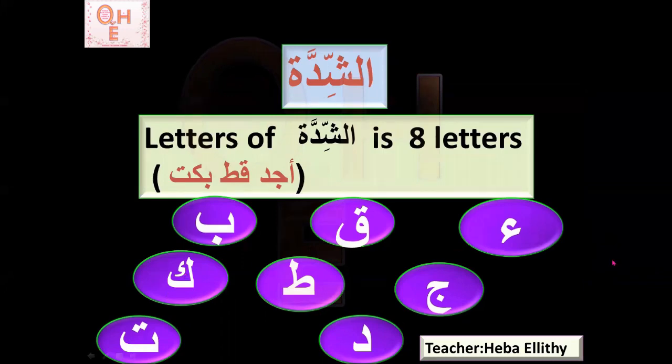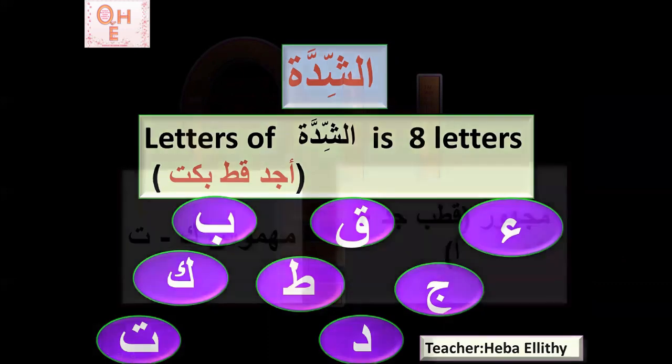Letters مجهورة, like we just said, have صفة الجهر, and letters مهموسة have صفة الهمس. The مجهور letters are قطب جد, حروف القلقلة, like I just said, plus the همزة. The مهموسة are the letters kaf and ta, just the كاف and the تاء. So all the شديدة letters are مجهورة except the كاف and the تاء. Remember that.